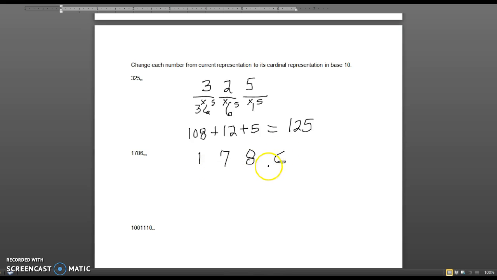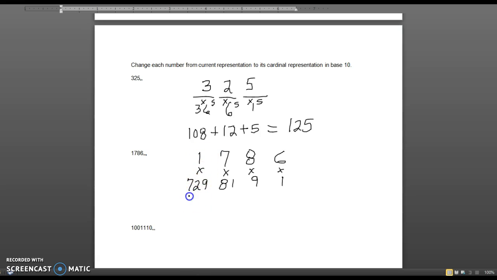I'm going to spread out my numbers and list my place values. I'm not going to put the lines here this time. That's 6 times 1. This is going to be 8 times 9. This is 7 times 81. And this is 1 times 729.